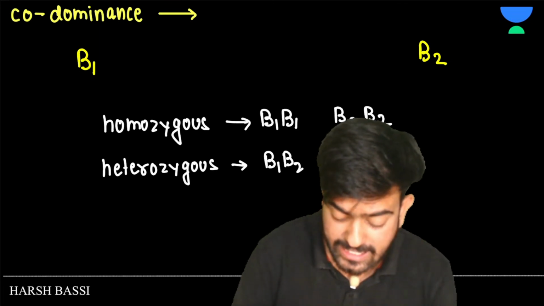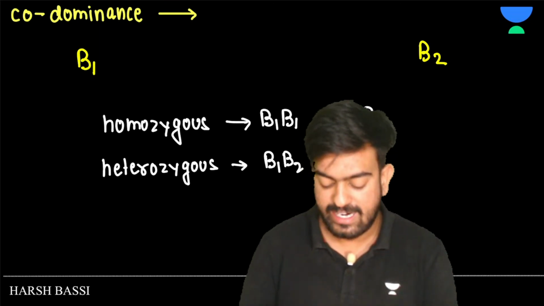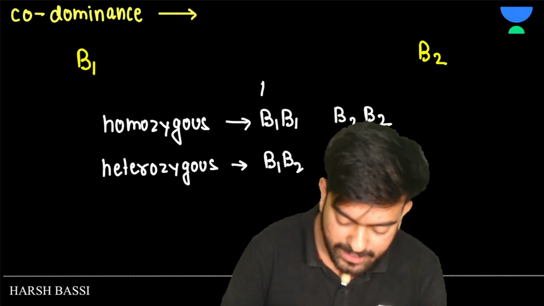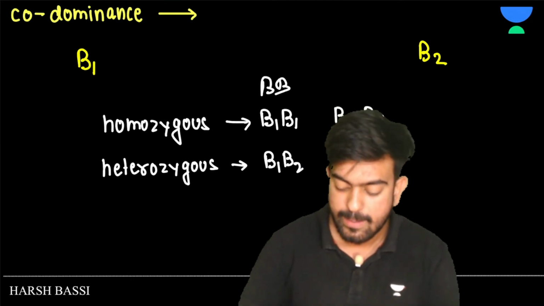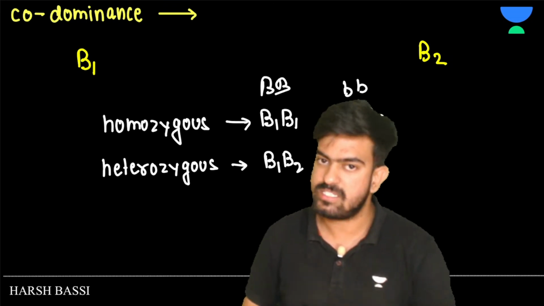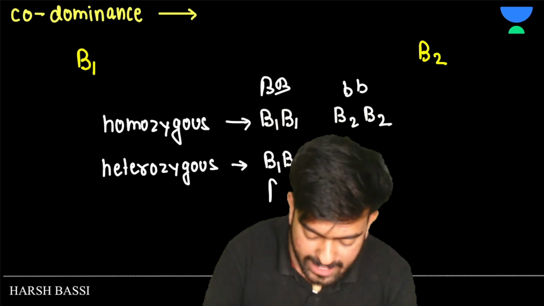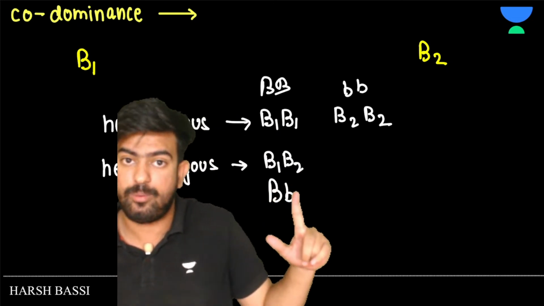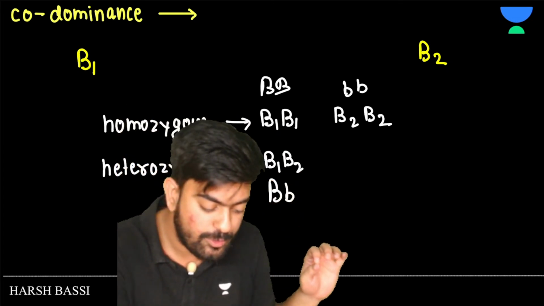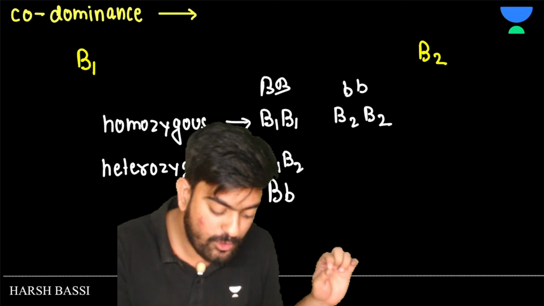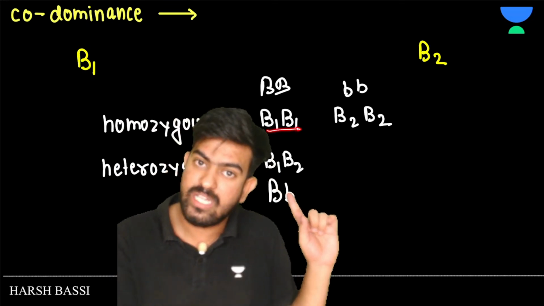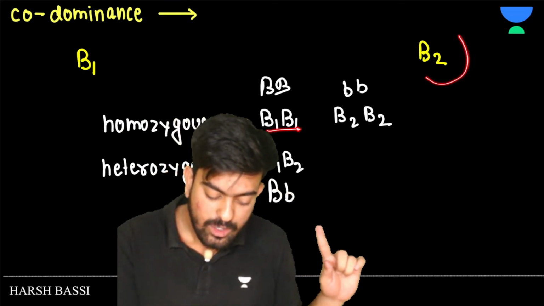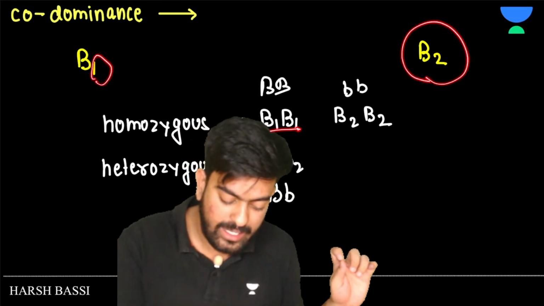Okay. Earlier, we were writing B and B for the dominant one, small b for recessive one, right? And capital B, small b for the heterozygous condition. But in case of codominance, we are not going to represent it like this. Rather, for everything, we are using capital letters and just numbering them 1 and 2.